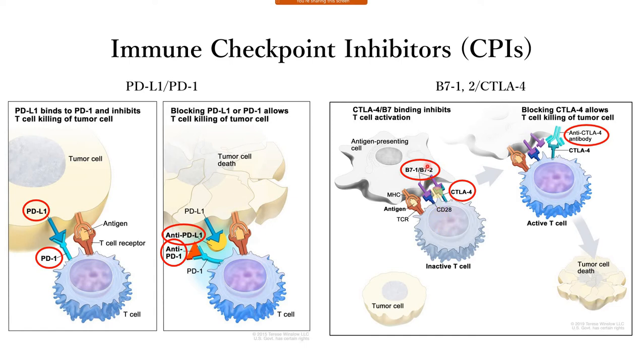But again, there is an inhibitory signaling, which is B7-1, B7-2, CTLA4. But the checkpoint inhibitor blocks this pathway, then T cells are efficiently activated and eventually kill the tumor cells.